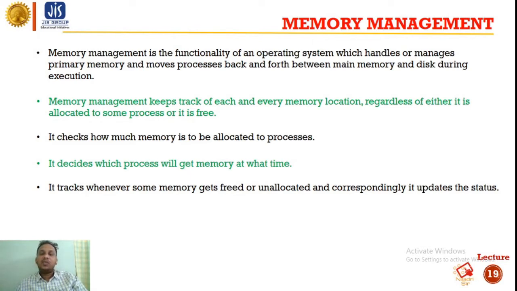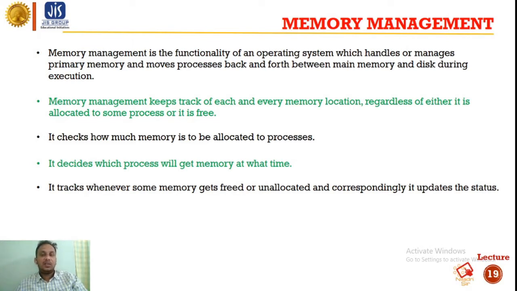As we know, any program or process is situated in the secondary memory, and all programs are executed by the CPU in the main memory. So from the secondary memory, the program needs to come to the main memory for execution.